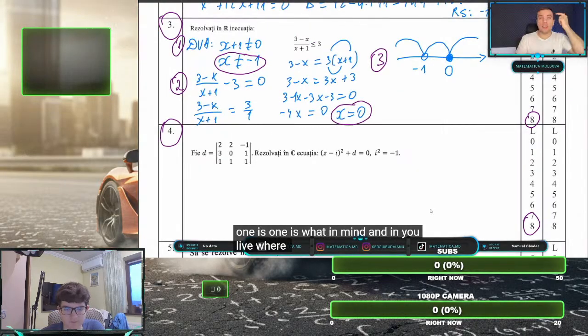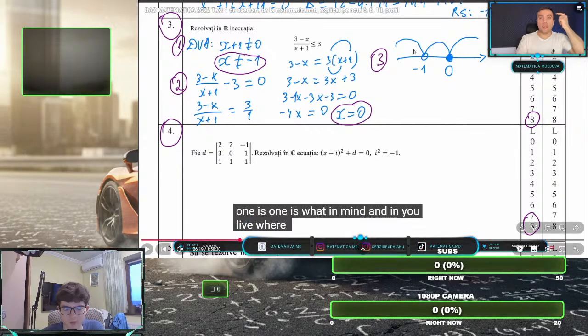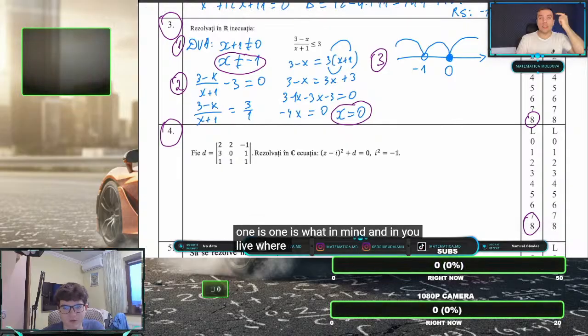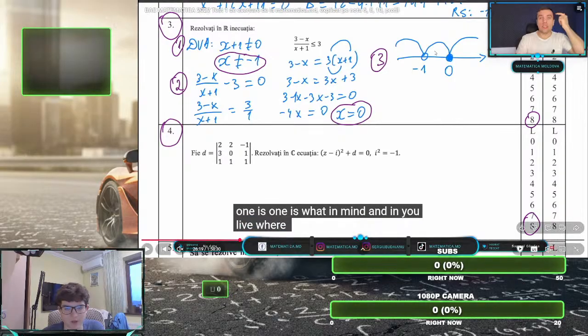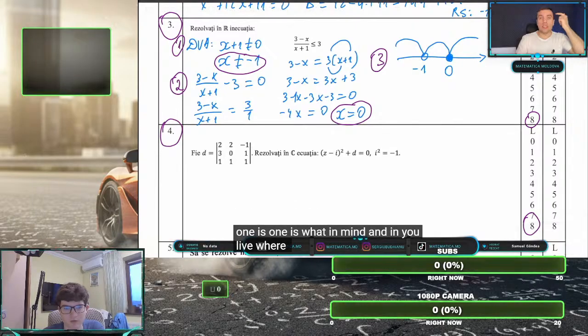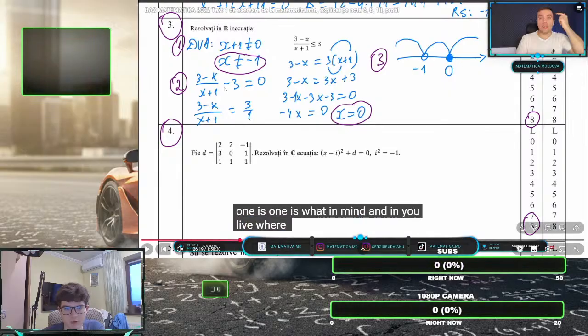I was here, and basically how you understand which one's plus, which one's minus, you just take a value, for example 1, and you put it instead of x at step 2.